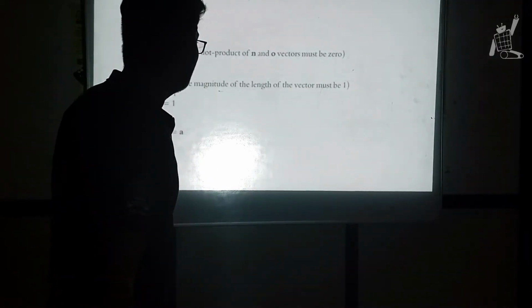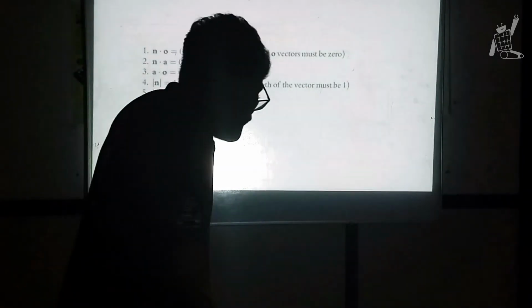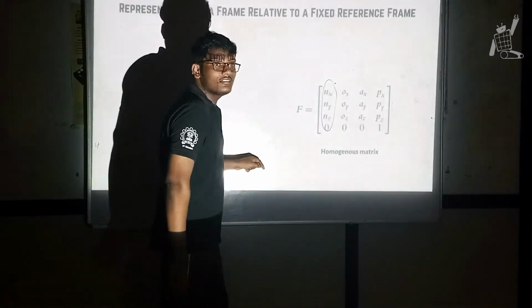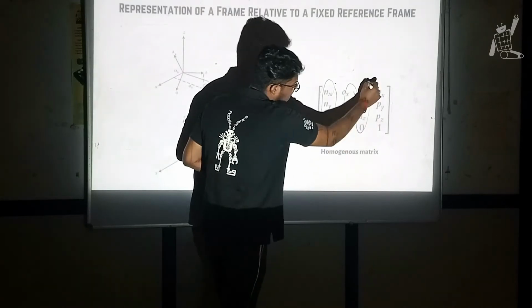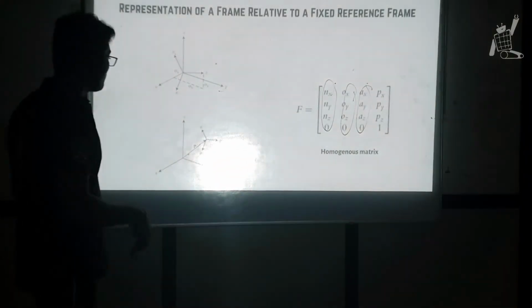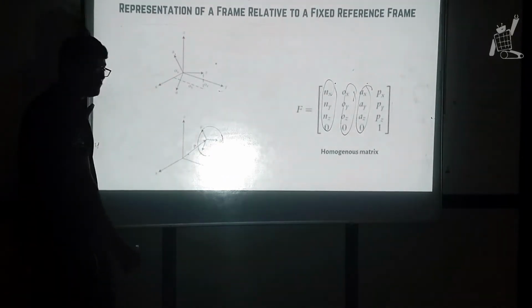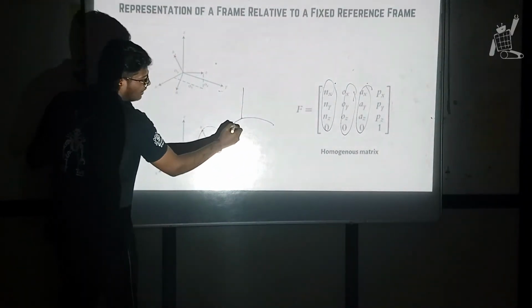These are the properties. As I said, the modulus of this will be 1, modulus of this will be 1, modulus of this will be 1. So that is the first property. And since this is also a frame, the axes are mutually perpendicular to each other.